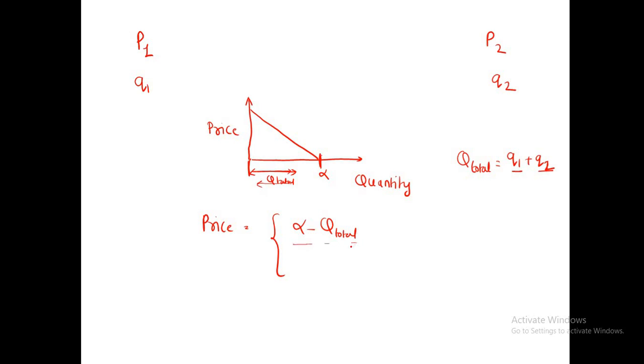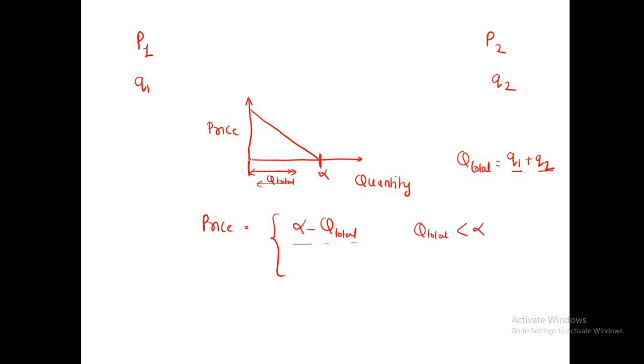We don't have any exact function for determining a price, but this can be used as a raw function with the help of which we can determine the price. So alpha minus Q total is the basis for determining the price. This is the case when total production is less than alpha.